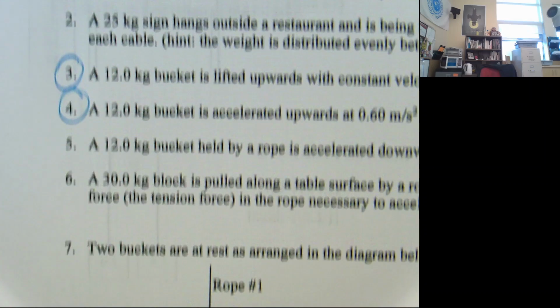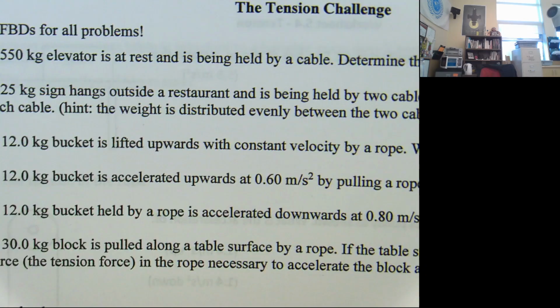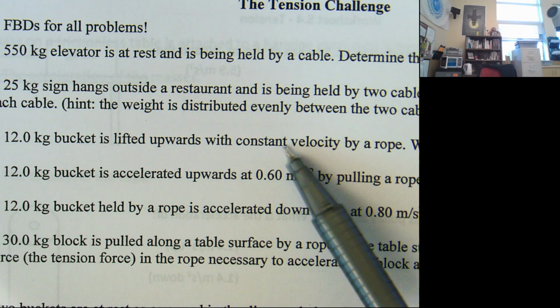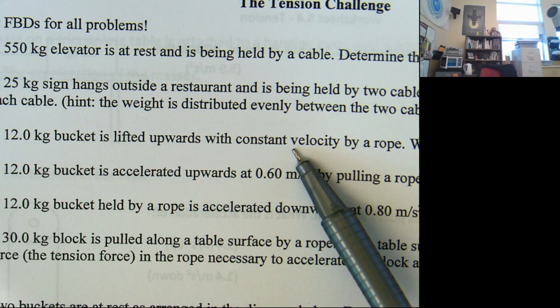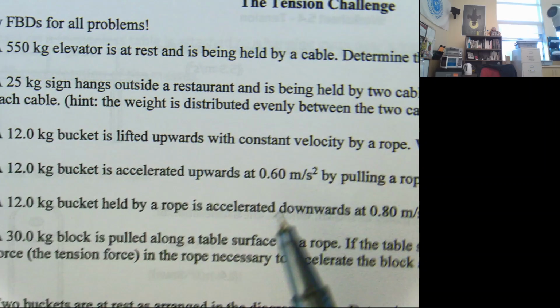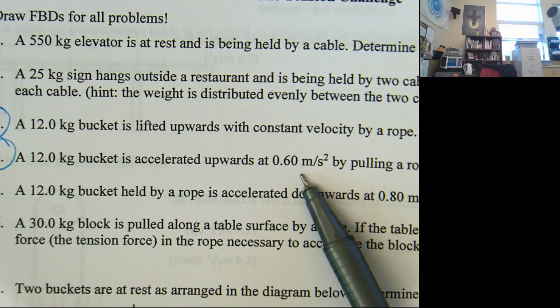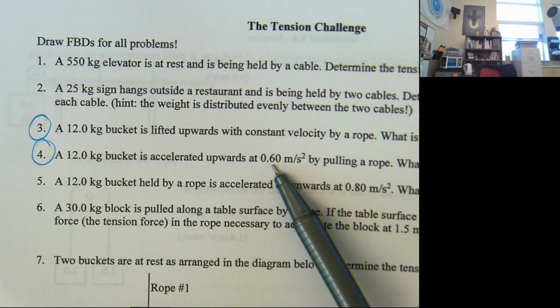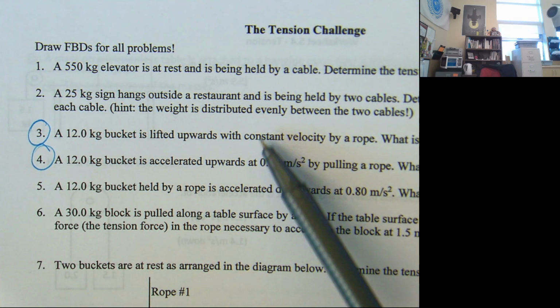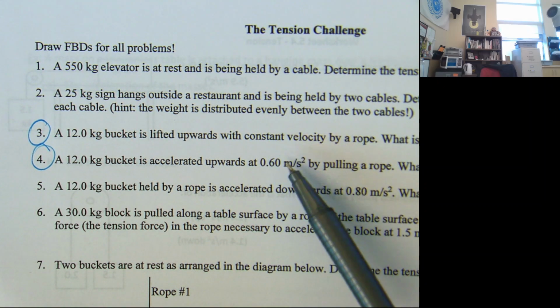For 3 and 4, if the thing's moving at constant velocity, that means there's no acceleration. So in 3, tension up equals gravity downwards. And then in question 4, they give you an acceleration, and it's accelerating upwards. So it's going to be Ft minus Fg equals Ma. If you didn't try questions 3 and 4, you should make an attempt.